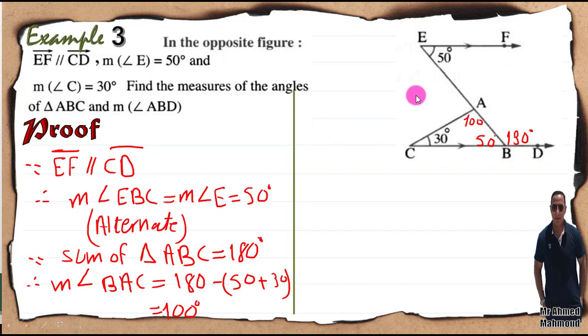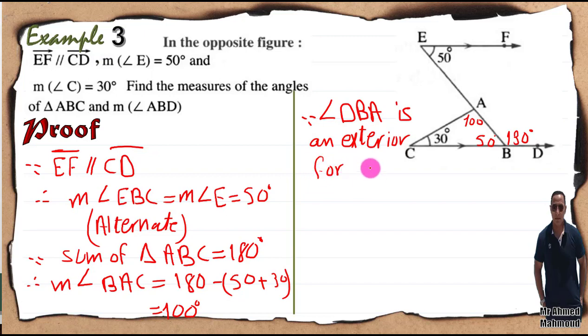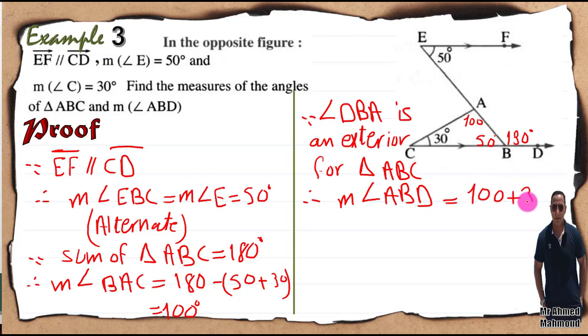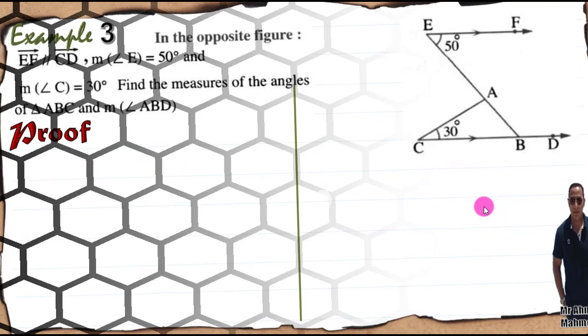And finally, since angle DBA is an exterior angle for triangle ABC, therefore measure of angle ABD equals 100 plus 30 equals 130 degrees. Okay, next question.